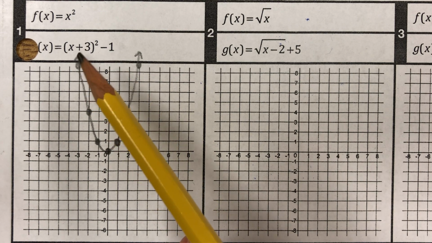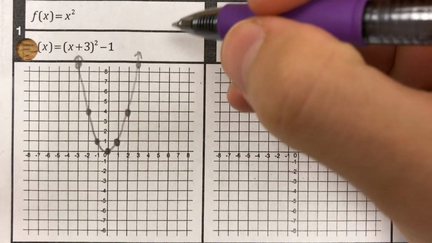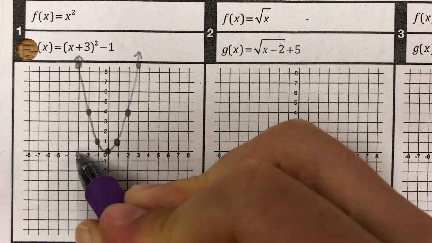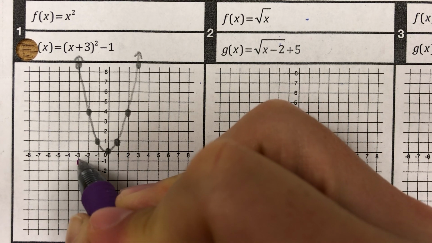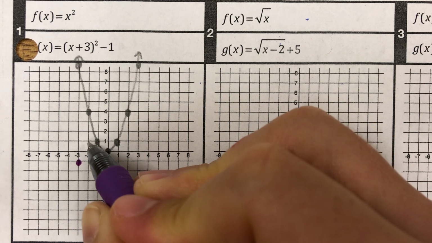So we're going to start with our horizontal and then go to our vertical. So I'm going to take my purple pen here, and I'm going to start just at any anchor point I want. I'll start at 0, 0, and I'm going to go left 3, 1, 2, 3, down 1, plot my point. Go to my next anchor point, left 3, down 1.